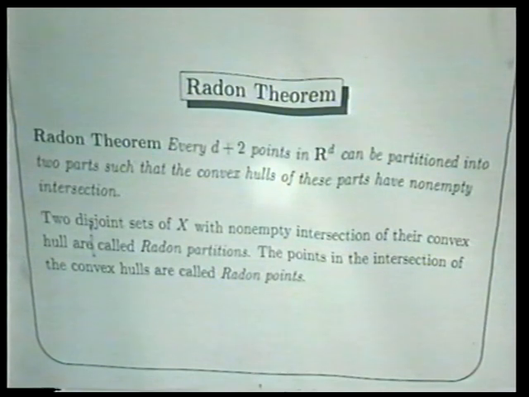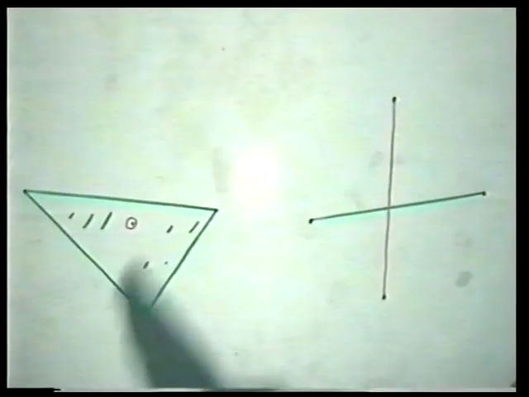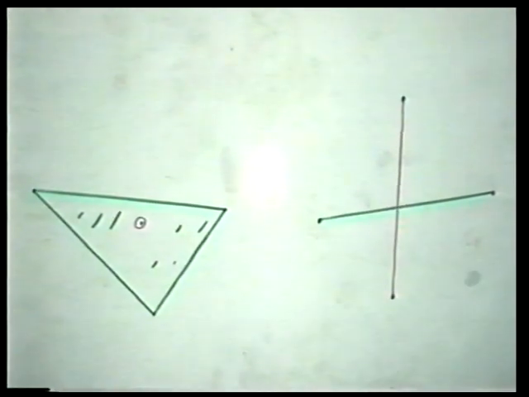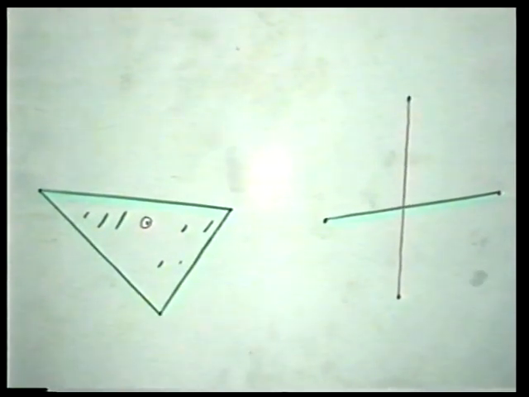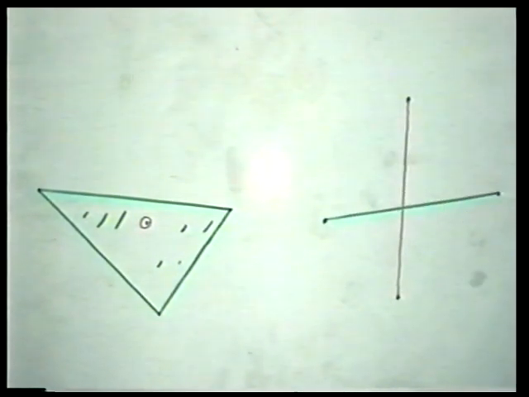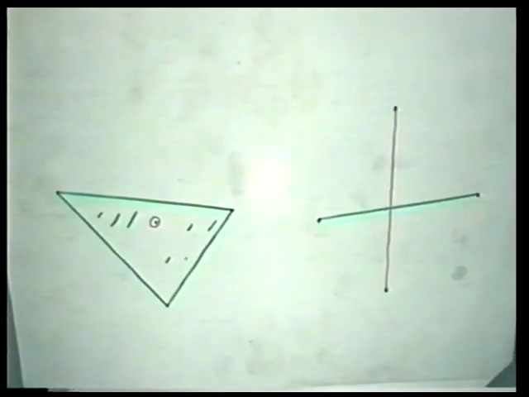So here is the situation for the plane. Here we have 3 points and 1 point which lies in the convex hull, and in this case one part will be these 3 points, and the other part will be this single point. If the 4 points are in convex position, then you have to partition the points according to the diagonals, and then you have a partition into 2 parts whose convex hulls intersect.